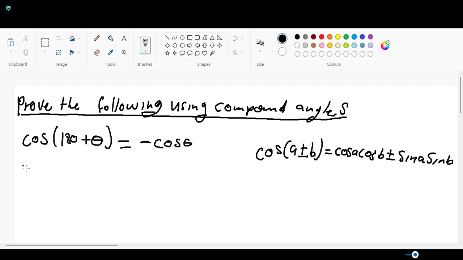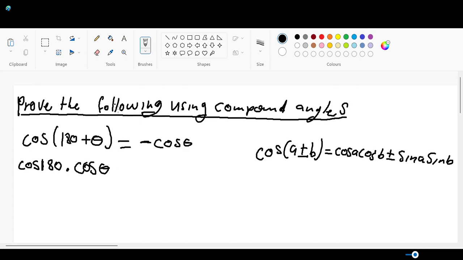So we're going to start. Remember, this 180 is actually A, so it's going to be cos 180 multiplied by cos B. In this case our B is theta.